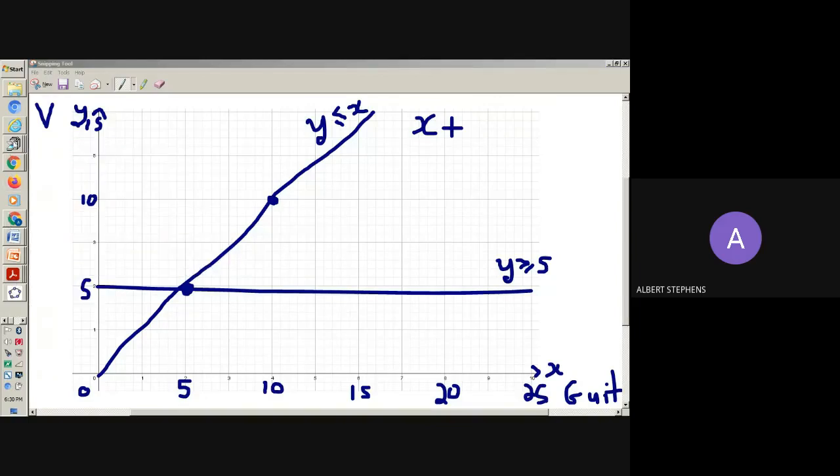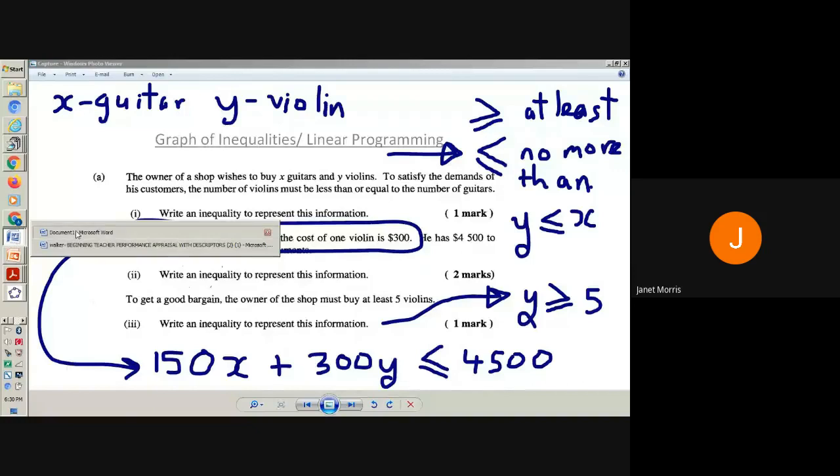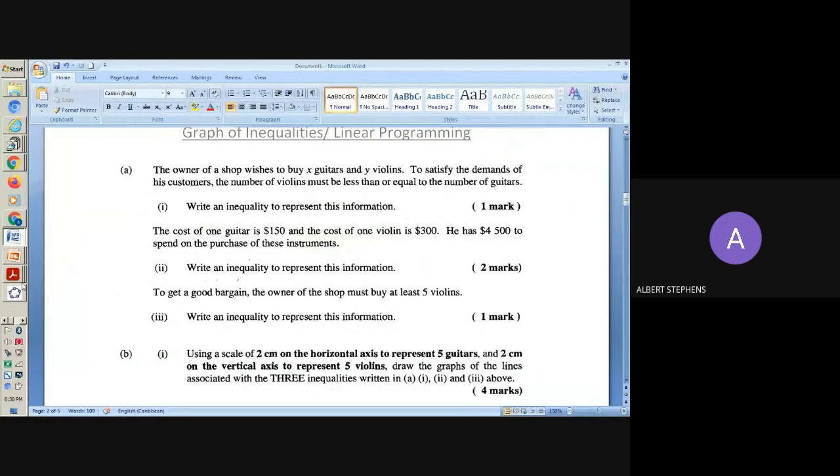So 150 into 300y is what? 200, don't you?